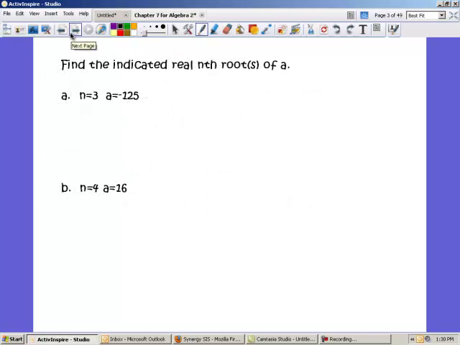In your book, they will tell you, find the indicated real nth root of A. So they're giving you the root they want, and we're just going to fill that in. They want you to find the 3rd root of negative 125. If you go to your calculator and push math, go down to number 4, and hit negative 125, I get the answer of negative 5.